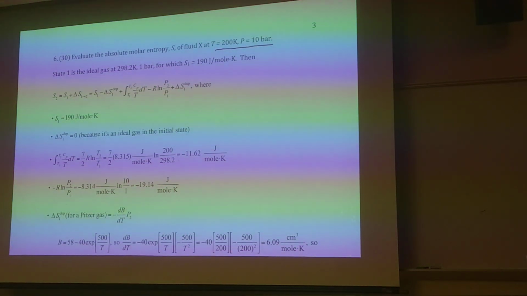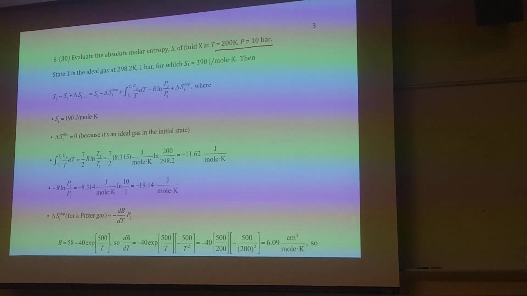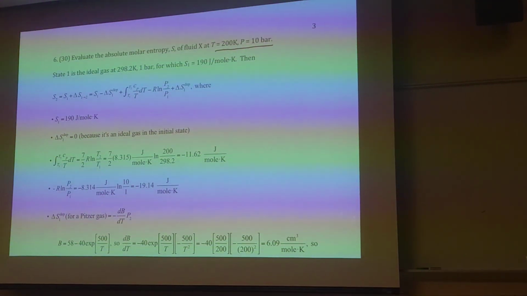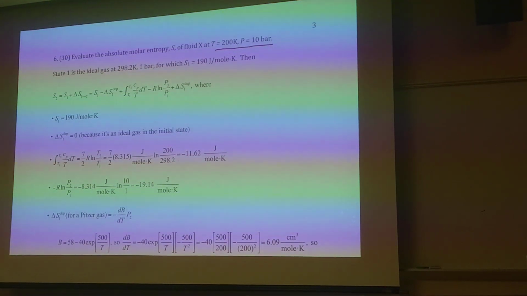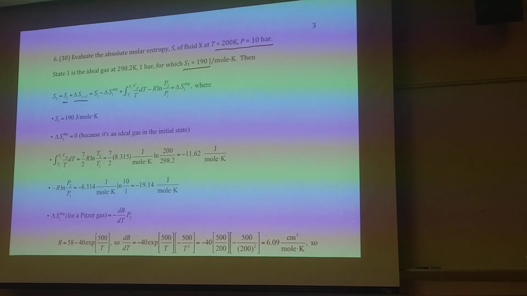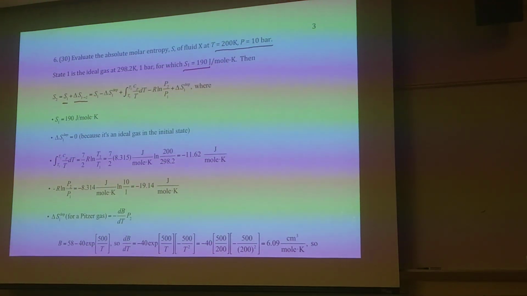Since state 1 is an ideal gas at 298 K, 1 bar, you were told it was an ideal gas, that initial state, for which I gave you the absolute entropy, was an ideal gas state. And there we have it's equal to 190. So S2 is going to be whatever that S1 value is, plus the entropy change in going from state 1 to state 2.